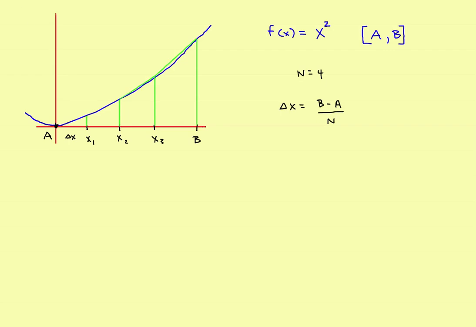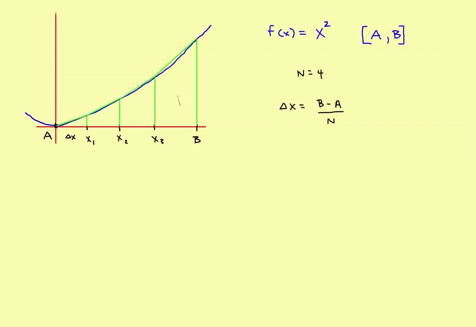Then I'll go from here to here. And finally, now this thing looks like a triangle. What it actually is, is a trapezoid in which the left edge has a height of 0, but we can still consider it to be a trapezoid. So I'll go from here to right here. Okay, now what I've got there are 4 trapezoids, and I want to find the sum of the area of those 4 trapezoids.